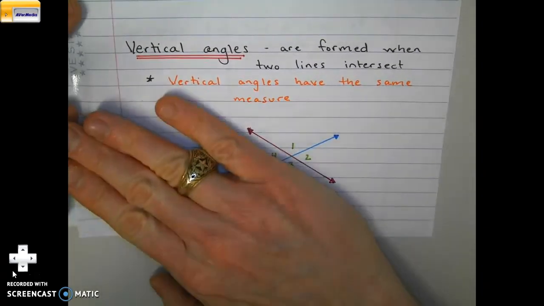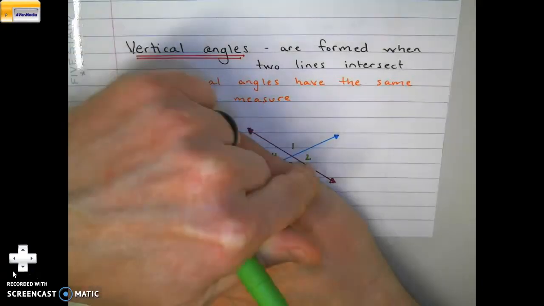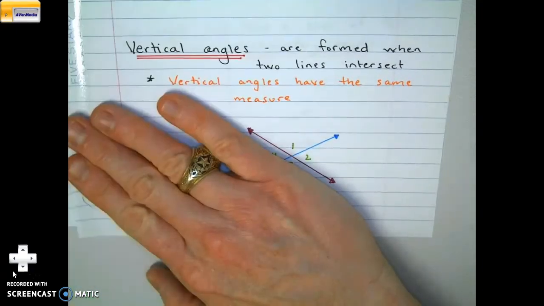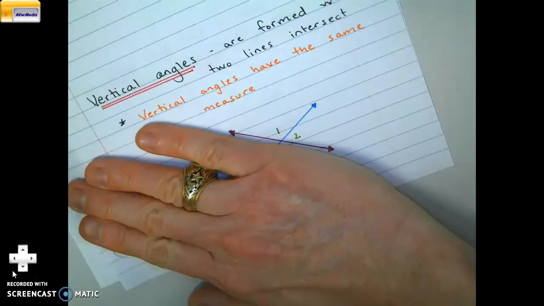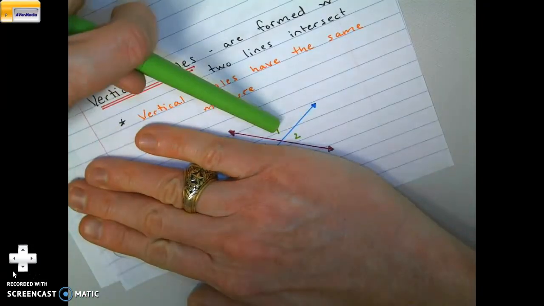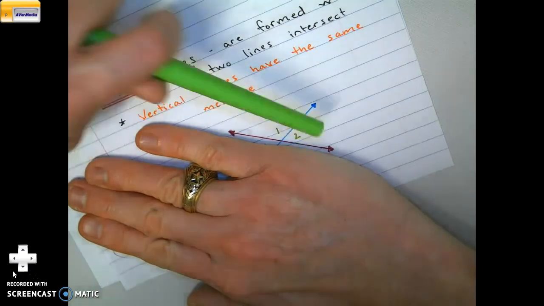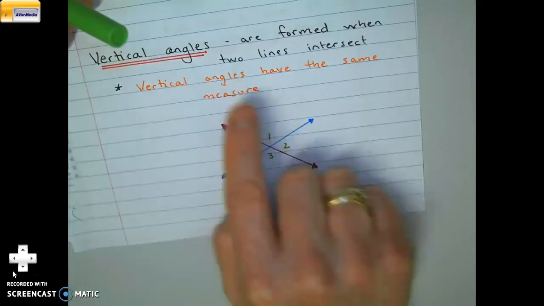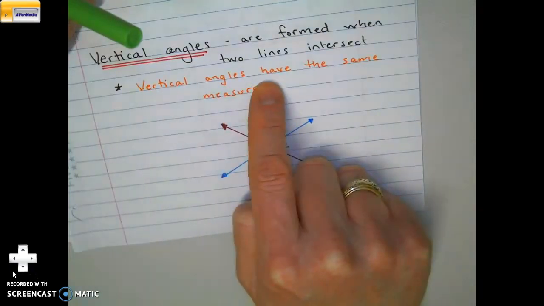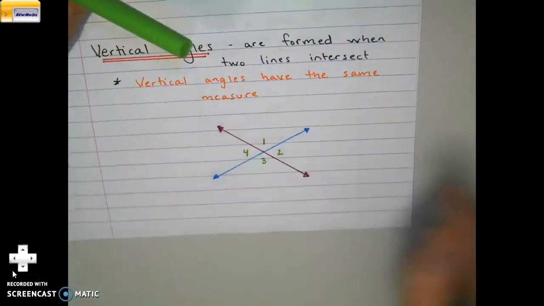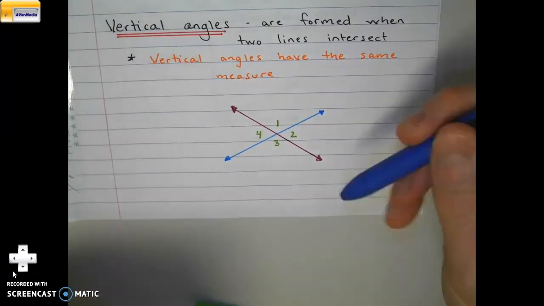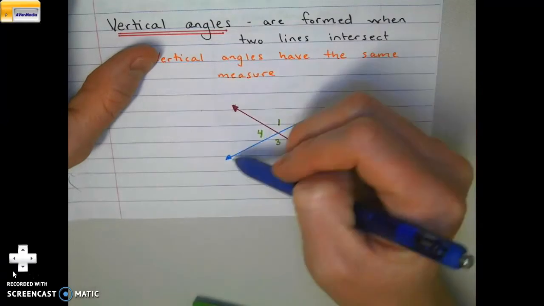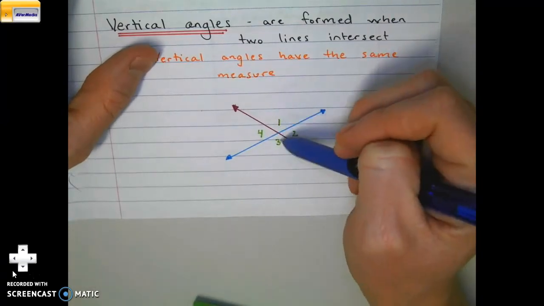If you use your hand and cover this up and look to the side, this pink line measures 180 degrees if you turn your paper. If you add up angle 1 and angle 2, those equal 180 degrees. What this says is vertical angles have the same measure. So these two lines make up vertical angles. You take the pink and the blue, you cross them. Angle 1 and 3.